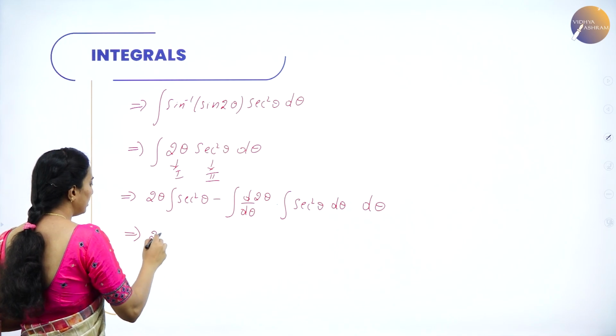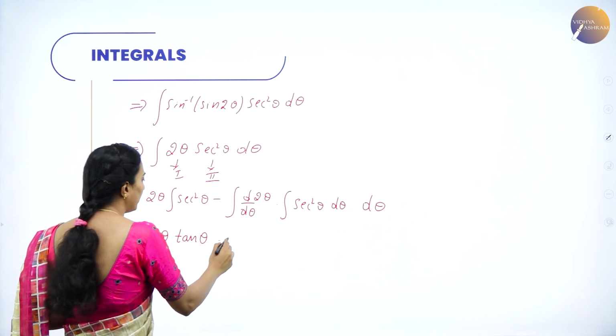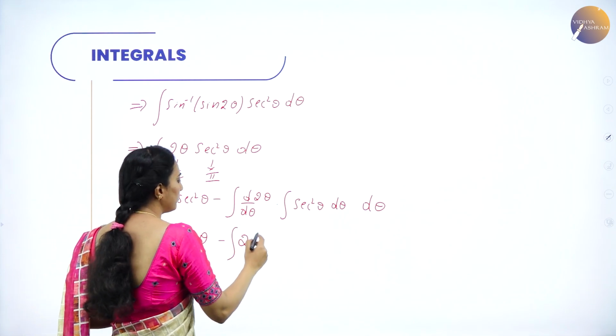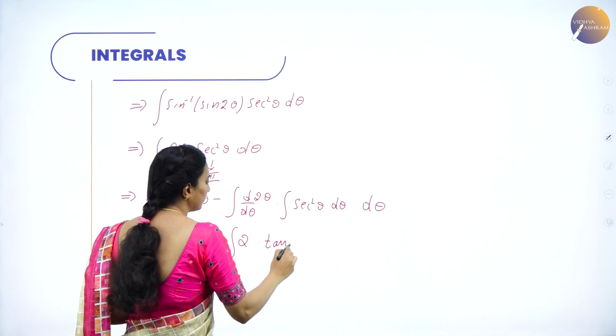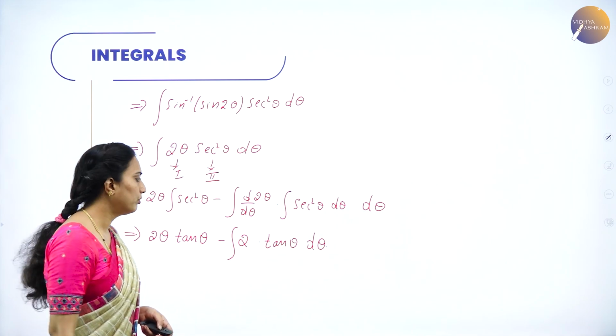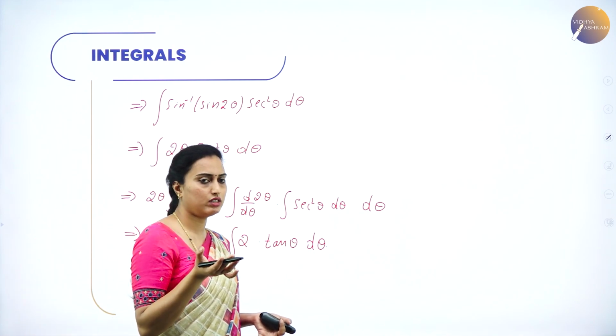which implies 2 theta. Integral of secant squared theta is tan theta minus d by d theta of 2 theta is 2. Integral of secant squared theta is tan theta into d theta. Now, you know already integral of tan theta is log of modulus of secant theta.